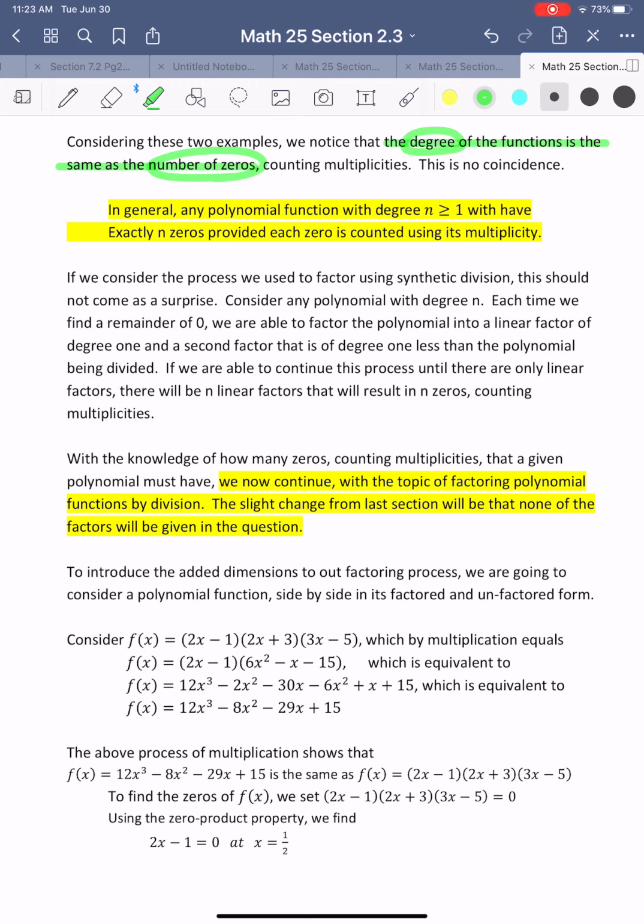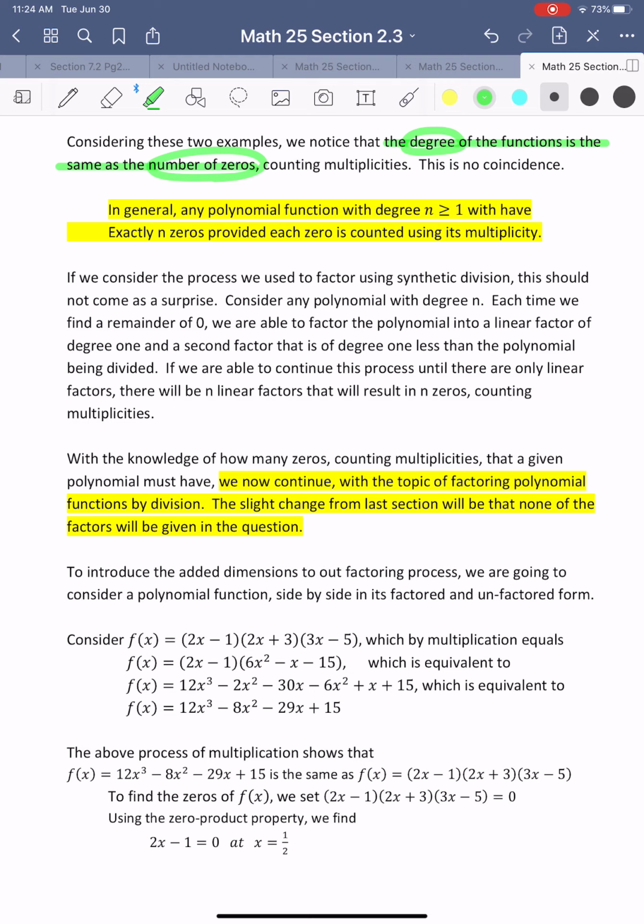If you consider the process we used to factor using synthetic division, this should not come as a surprise. Consider any polynomial with a degree n. Each time we found a remainder of 0, we were able to factor the polynomial into a linear factor of degree 1, and a second factor that is one degree less than the polynomial being divided.